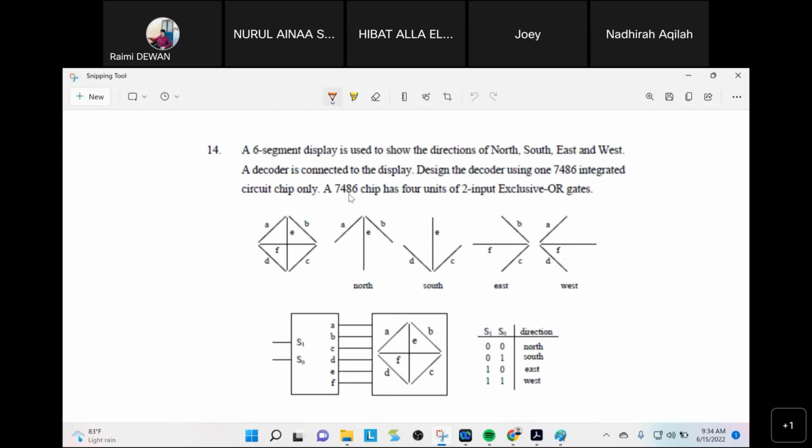The 86 chip has 4 units of 2-input exclusive OR gate. So here is the exclusive OR, and you have 2 inputs. Then you have 4 of them, which means you have XOR gate 1, XOR gate 2, XOR gate 3, XOR gate 4.